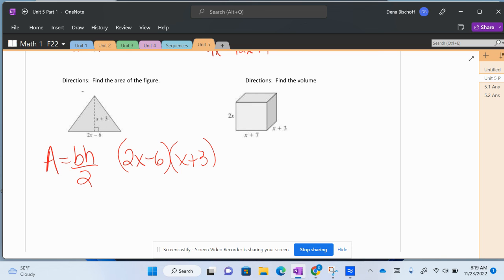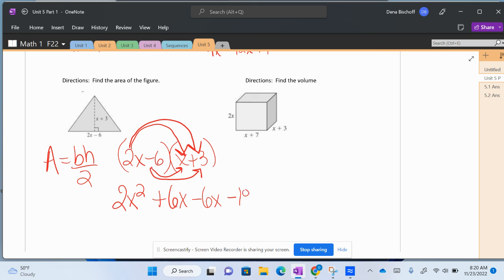Are y'all good with that? So 2x times x is 2x squared. 2x times 3 is a positive 6x. Negative 6 times x is negative 6x. And negative 6 times 3 is negative 18.